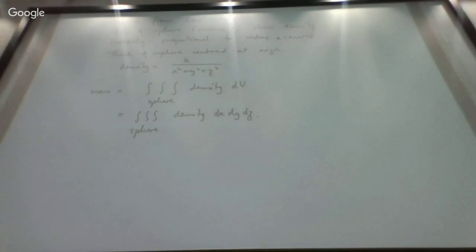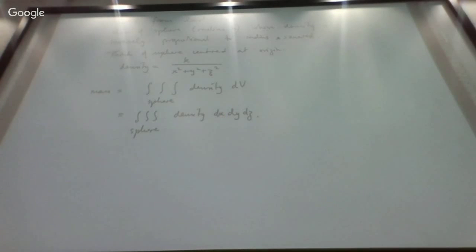And secondly, the function we want to integrate, which is the density function. Although it has a straightforward enough definition in terms of x, y, and z, it's 1 over the sum of squares. It's going to be awkward to integrate that. And because it's equal to the radius term, in spherical coordinates that density will be expressed as k over r squared.